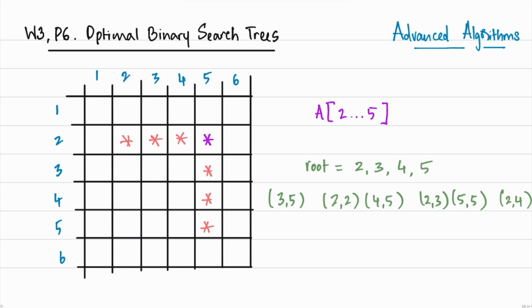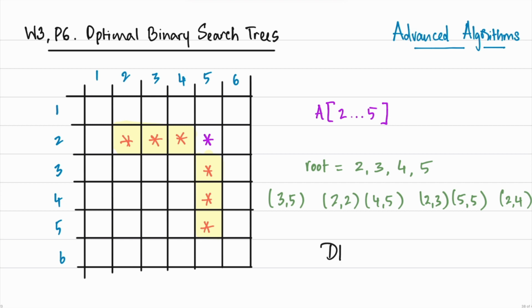And this is a pattern that you may have guessed when you saw the recurrence itself, that when you're trying to compute the DP table entry for i, j, you've been using the indices i, k.